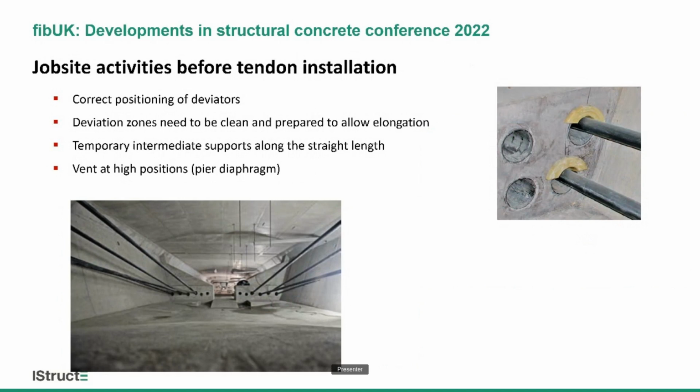As I mentioned in the beginning, there are different types. What you see in the picture on the right, for example, is a solution using half shell elements that can be exactly located in the direction where you have the acting deviation force. Also, it is recommended to consider temporary intermediate supports along the straight lengths, so that when installing the tendon or the ducts, these are not damaged by pulling them over a rough concrete surface or something like this.